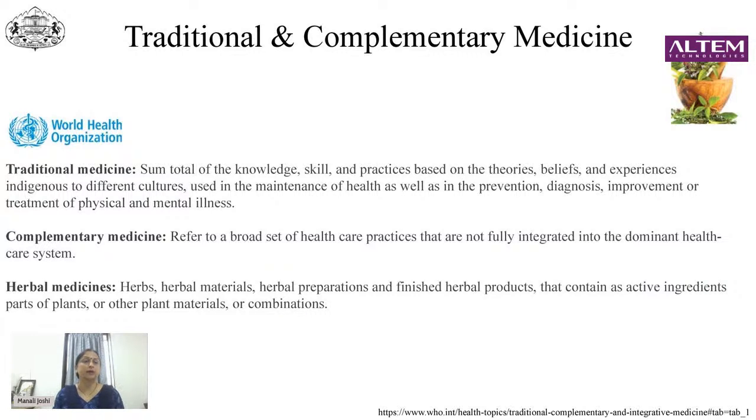So the way the WHO defines traditional medicine is it's the sum total of the knowledge, skill, and practices based on theory, beliefs, and experiences indigenous to different cultures. Okay, so like I had mentioned, it's not just our Ayurveda or Chinese medicine or Egyptians, it's across the world.